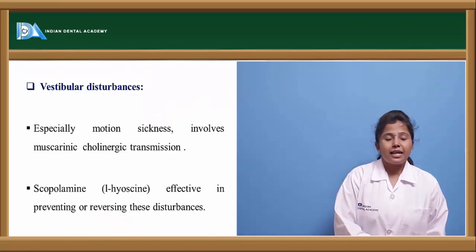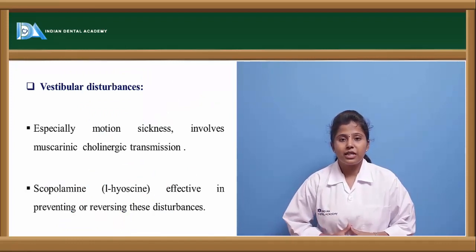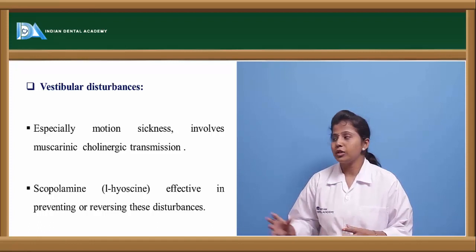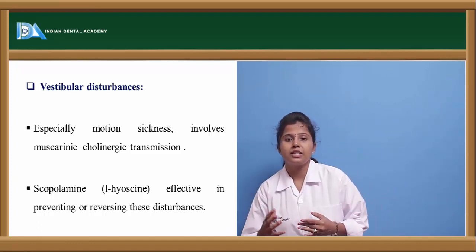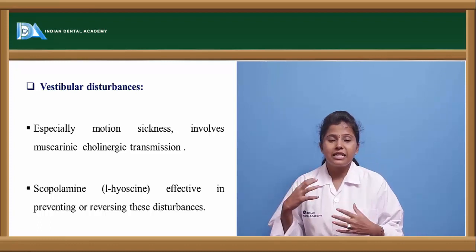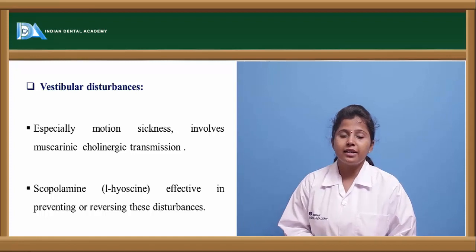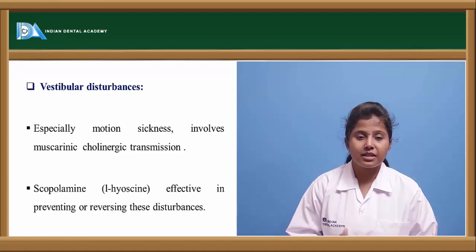So what are the other pharmacological effects of these antimuscarinic drugs? They cause vestibular disturbances. If there are any disturbances in the vestibular regions, in the eye or ear, then these antimuscarinic drugs are given.